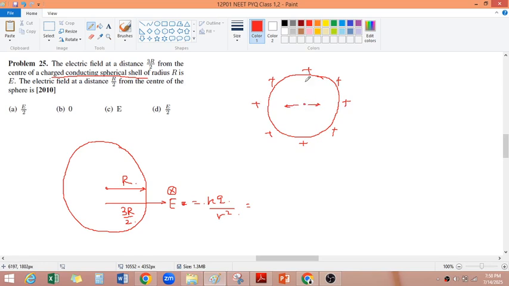That means both will cancel. Same thing will happen here, here, and here. So that means the electric field inside a conducting shell is 0. So it doesn't matter what distance it is, since r by 2 is inside the shell, electric field is 0.